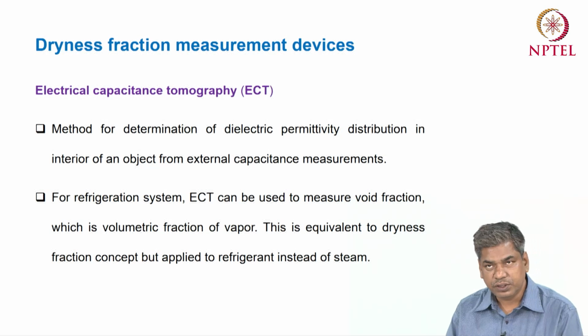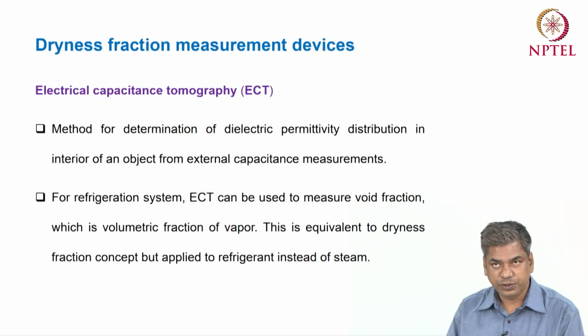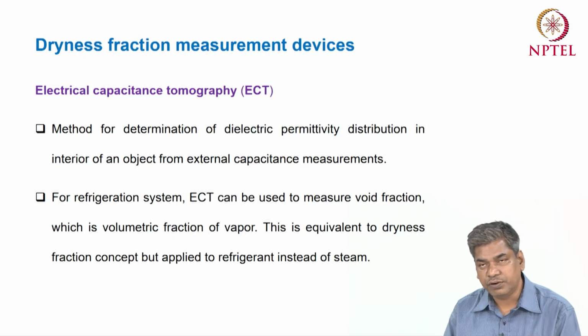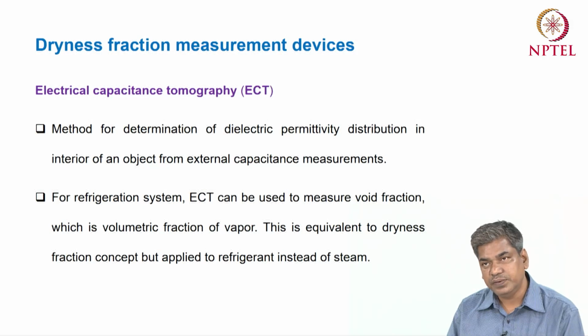So during the condensation and evaporation process, some state points may be in a two-phase zone. For the theoretical analysis, we have assumed that the evaporator outlet is a saturated vapor and the condenser outlet is a saturated liquid, but sometimes the evaporator outlet may be in a two-phase zone.